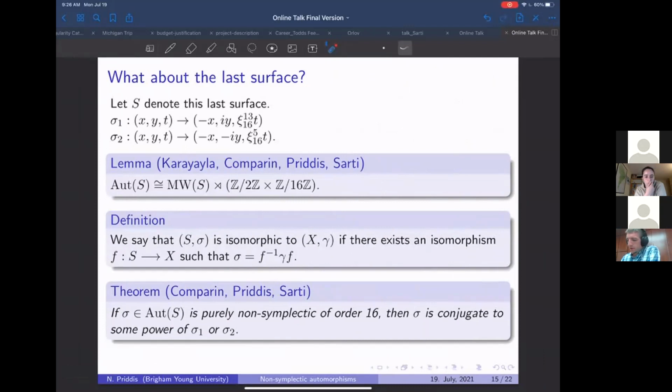And so let me tell you more details about that answer. Here again, I've listed those two automorphisms. Those are the two that we're going to focus on a little bit.